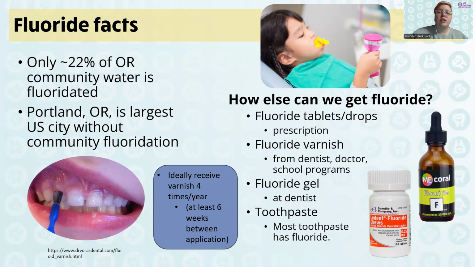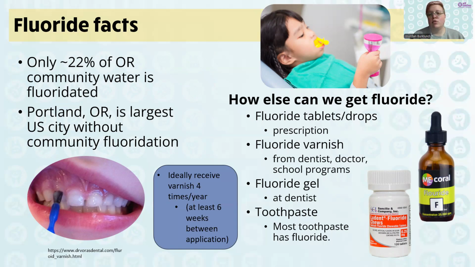The reason we come into the classroom and provide fluoride so often is because only about 22% of Oregon's community water is fluoridated. And Portland, Oregon itself is the largest US city without community fluoridation. It's been on the ballot many, many times, but it always gets shot down. People do not want it. So we try to provide fluoride in other ways.